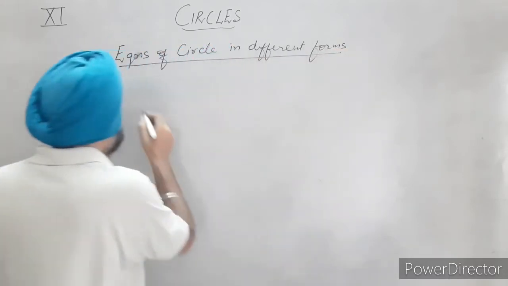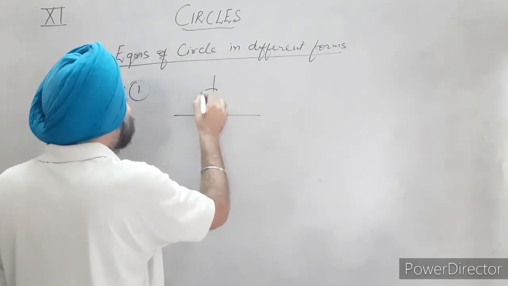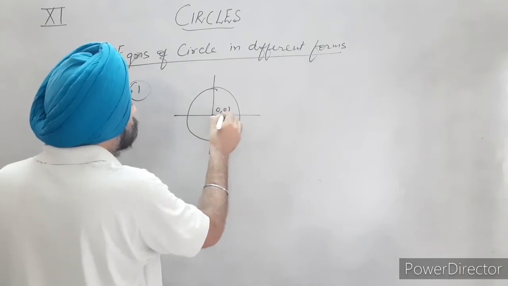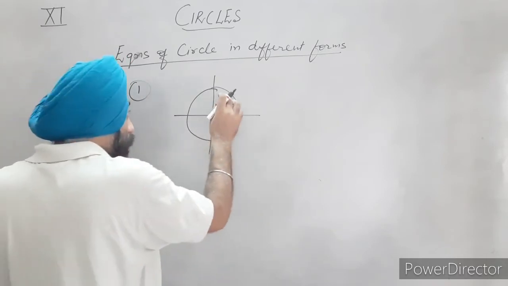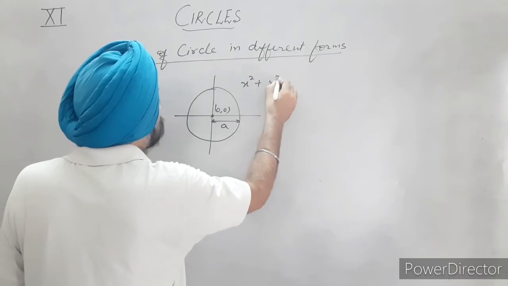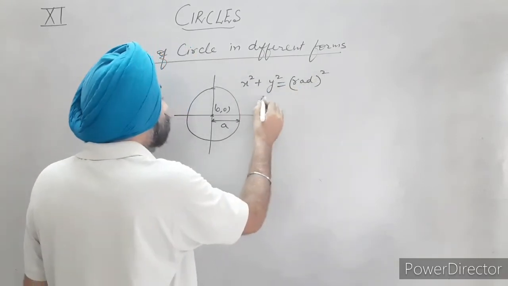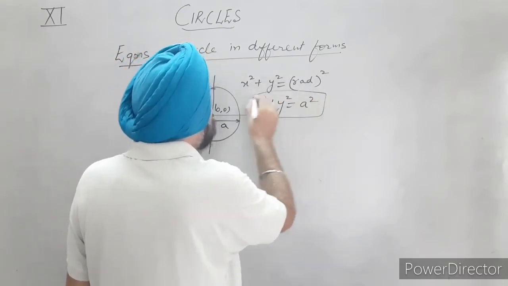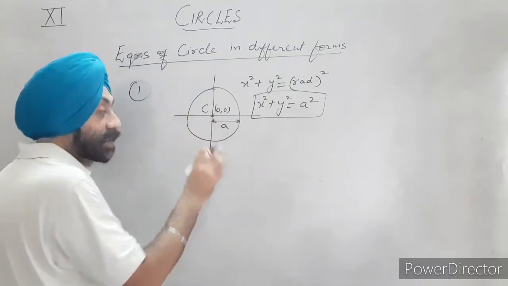Now, the very first form is, say, a circle having a center at the origin and radius a. So the equation of this circle is x square plus y square equals radius square, that is x square plus y square equals a square. The center of the circle is the origin, radius is a.